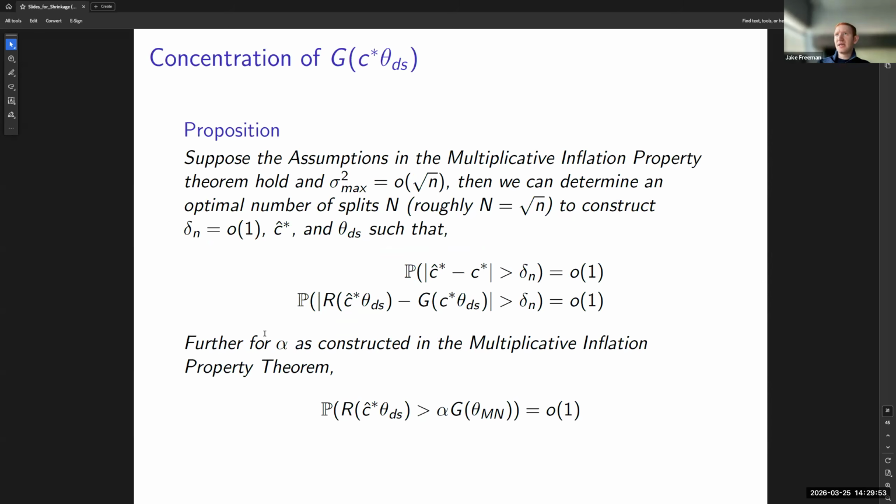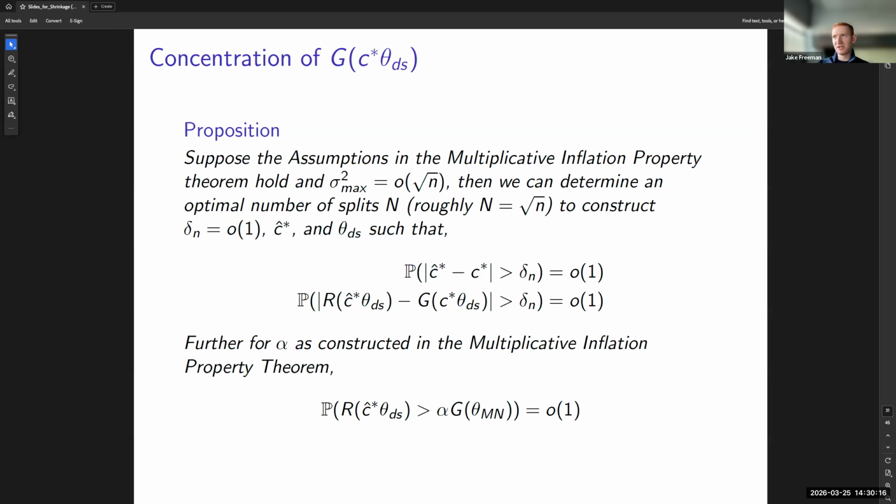So now we have a proposition for the concentration around C star theta ds, how well this estimator does. The first thing to note is that in this proposition we're going to tell you the optimal number of splits. That's because we need to balance some things.